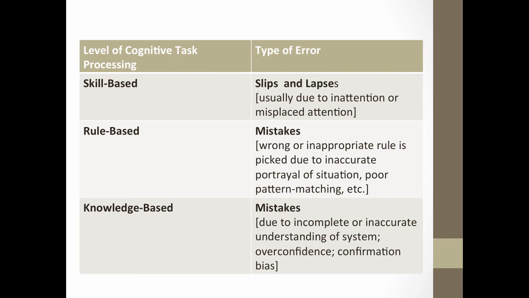If those many thousands of potential problems are more due to mistakes, misapplications of rules or knowledge, then the intervention implication is training. We have to train workers to know the right rules and to gain the right knowledge. So there are training implications. It's important to know whether errors are coming from slips and lapses or mistakes.